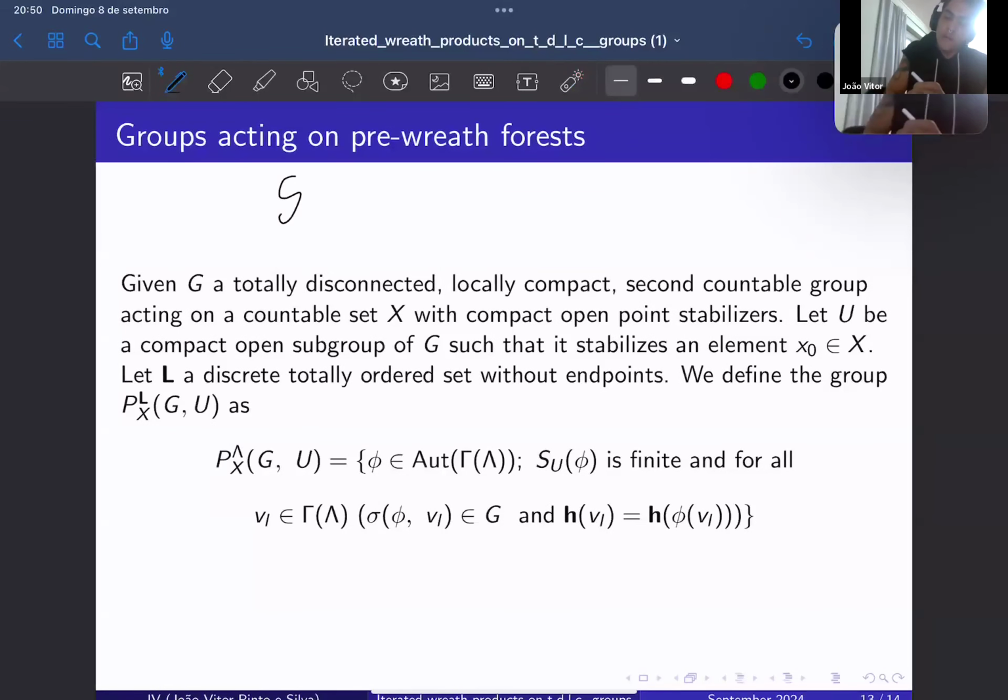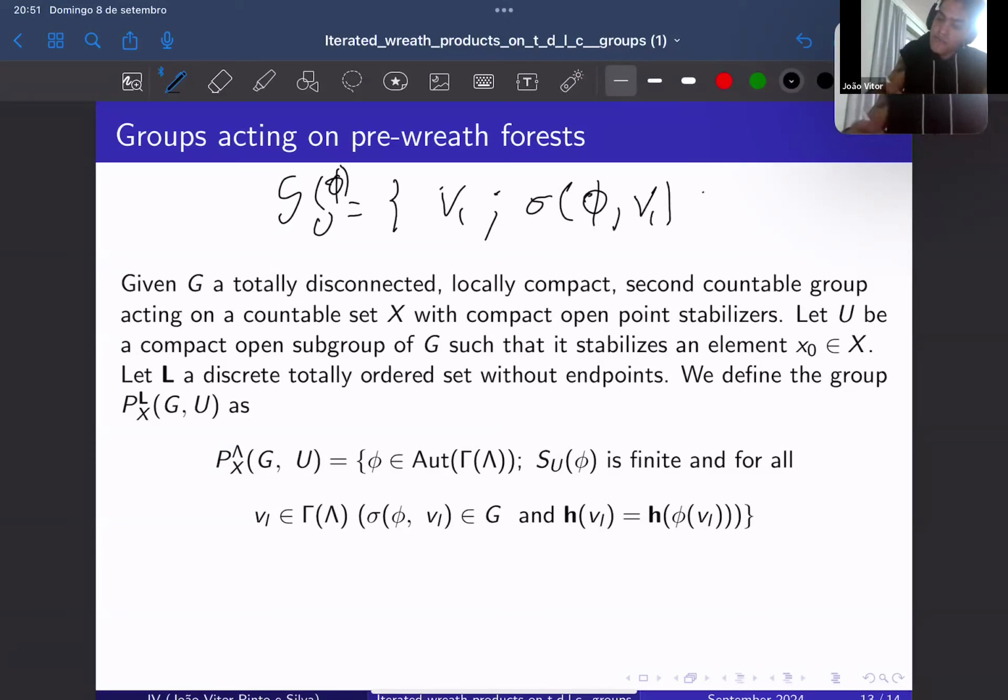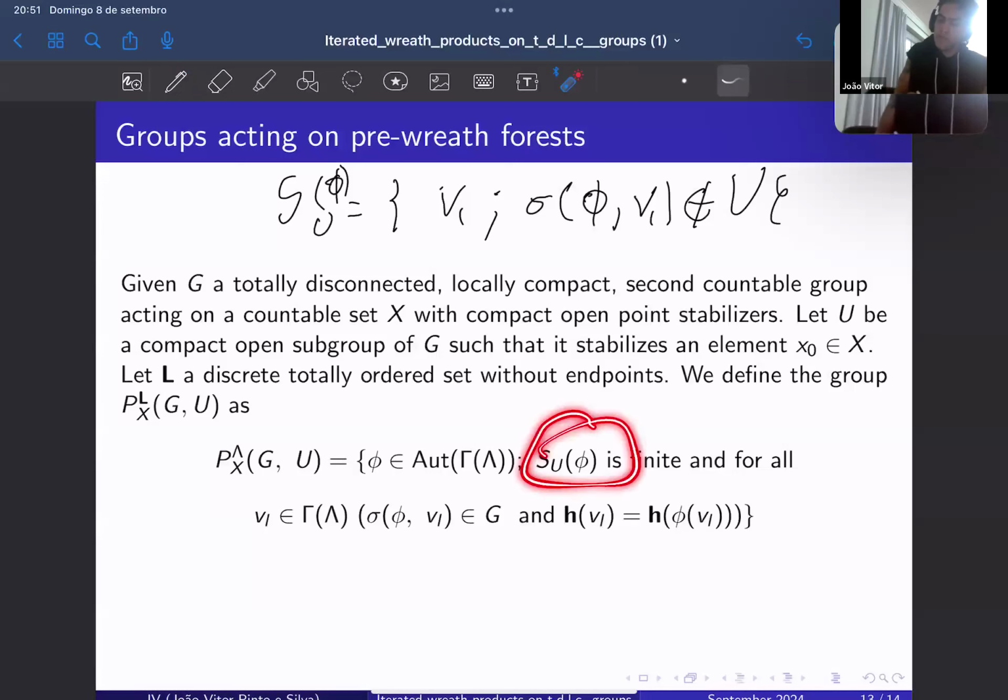It's not here, but S_U is the set of all VLs such that the action of phi on VL is not in our group U. So we are just saying that almost everywhere on my group, my phi is acting as U, but in finitely many elements it might be acting outside of U. And you also want the group to fix the horizons, because if I don't fix all the horizons, I can start to add too many elements and easily lose the local compactness of my group.